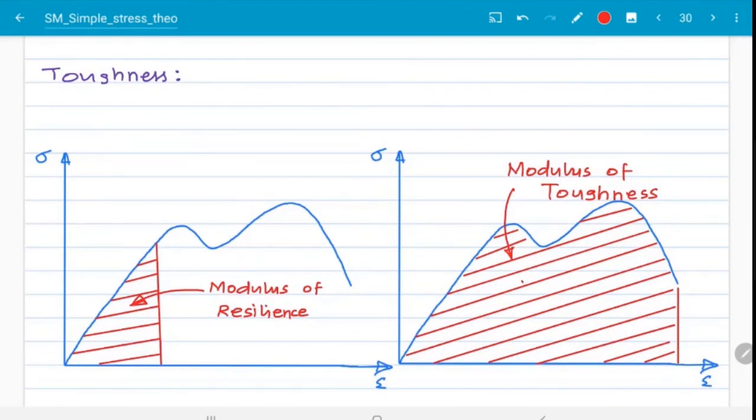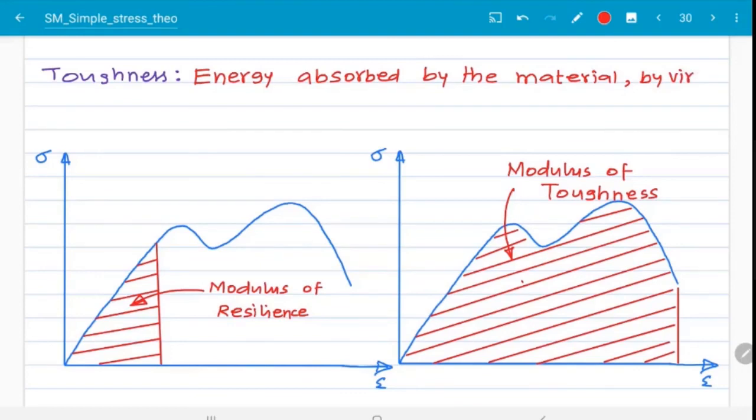Now, tell me the definition for modulus of toughness. Energy absorbed by the material by virtue of plastic deformation.